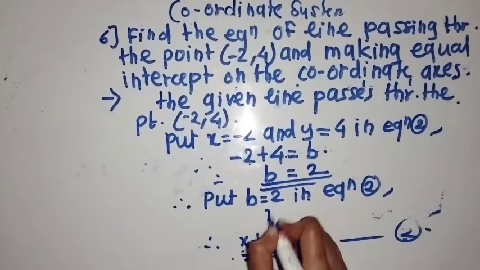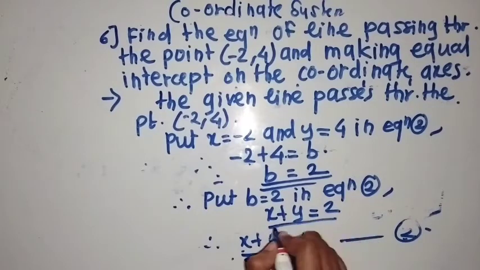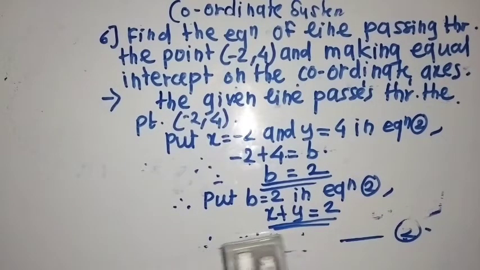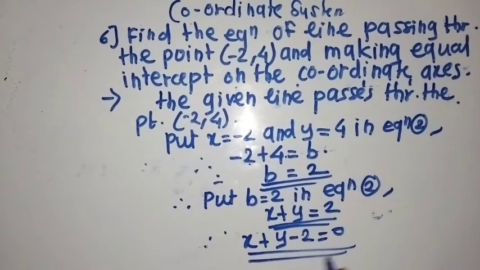Hence we get x plus y is equal to 2. Hence x plus y minus 2 is equal to 0, which is the required equation of the line.